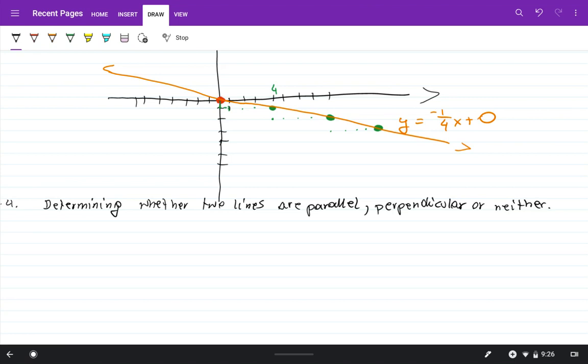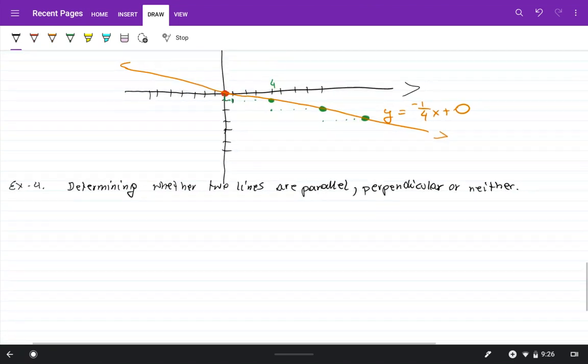Neither means they are intersecting, but not at a 90-degree angle.